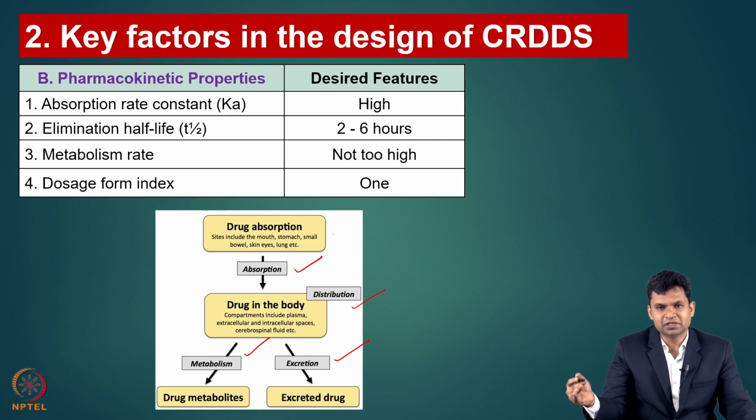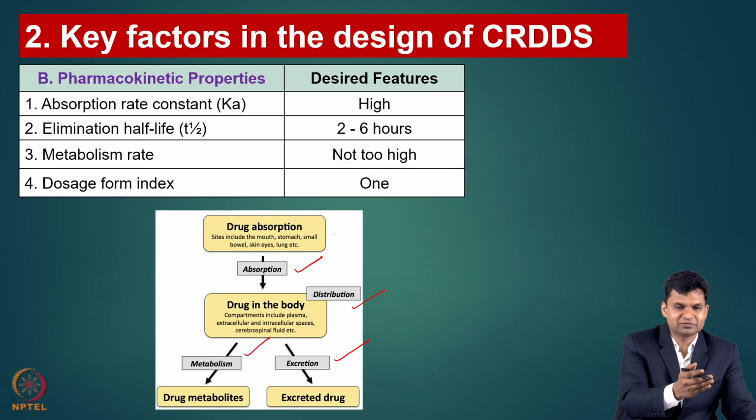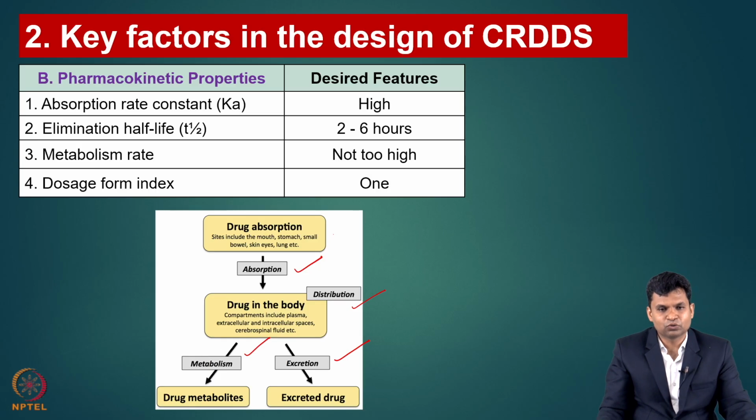Pharmacokinetics is nothing but what the body does to the drug after administration, how the body takes the molecule or the dosage form through various parameters like absorption, distribution, metabolism and excretion. So, this is called pharmacokinetics.